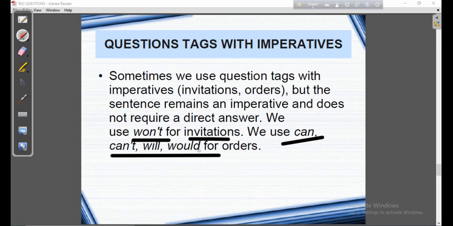If the sentence starts with "let" plus another object like me, him, then you will write "will you". But remember, if the sentence starts with "let us", then the tag question will be "shall we". So only for "let us" you will have to write "shall we".